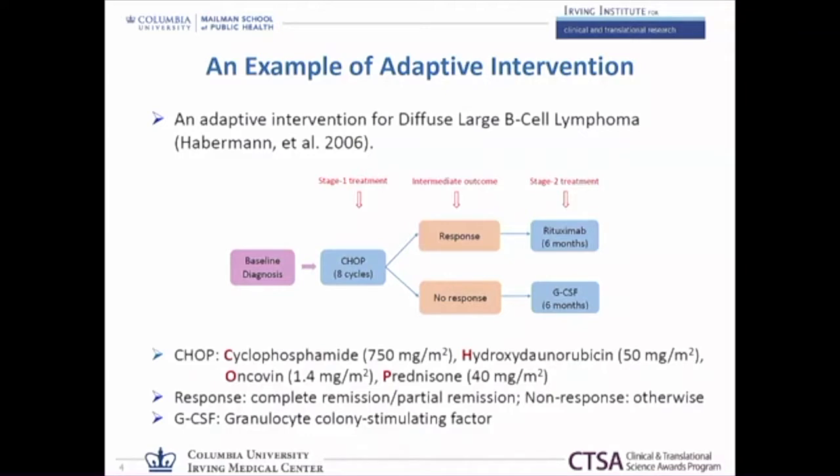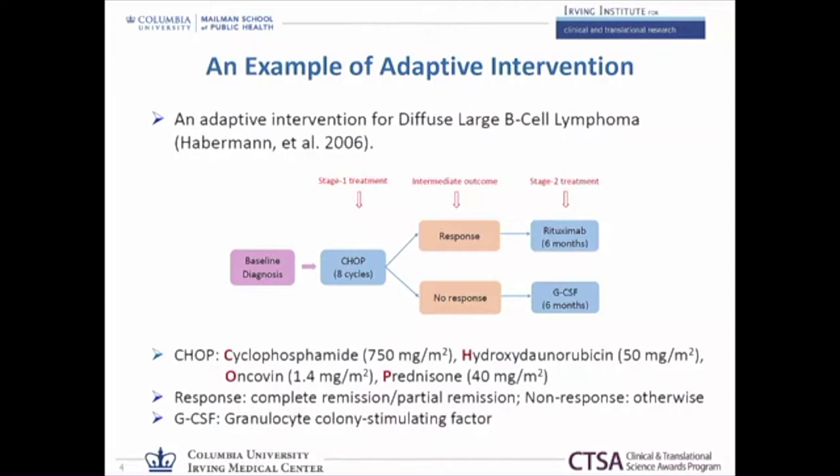Here is an example of a two-stage adaptive intervention designed for newly diagnosed patients with diffuse large B-cell lymphoma. This was originally reported by Haberman in 2006 and published in JCO. Under this adaptive intervention, patients were first given CHOP, a combination of 4 chemotherapy agents, for 8 cycles at stage 1.